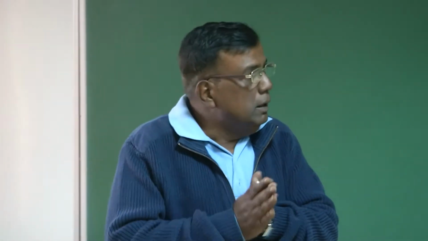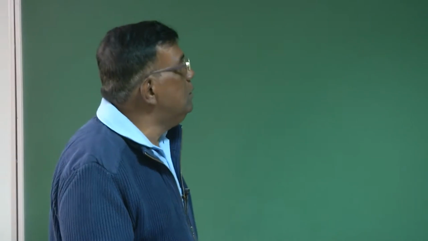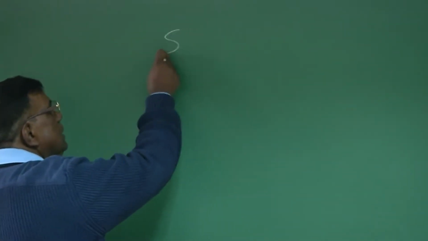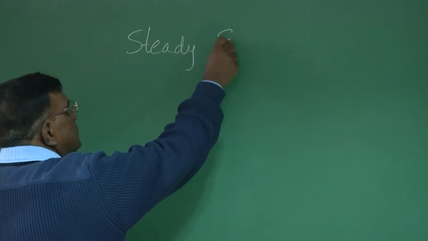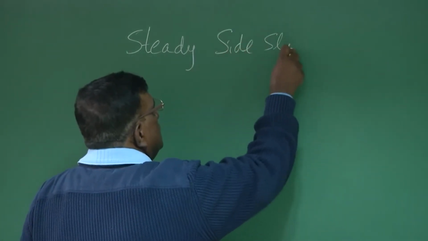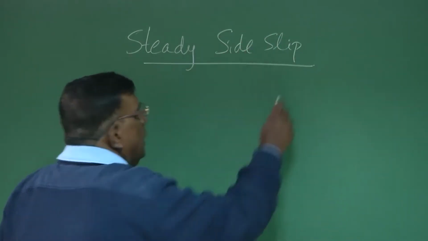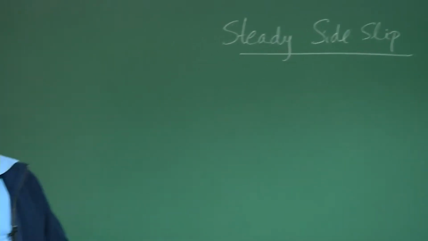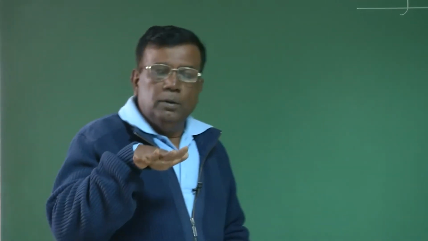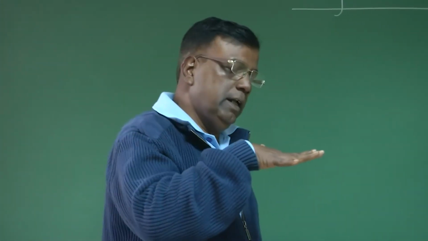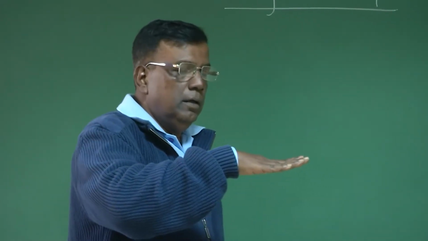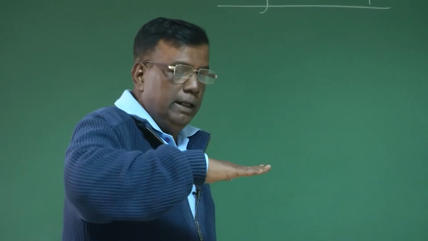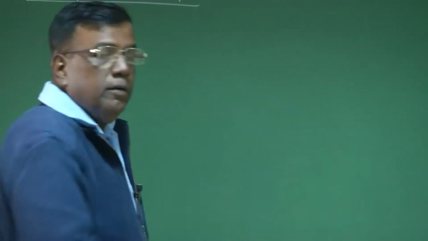Good morning. Last class, if you recall, we discussed steady side slip. How do you define a steady side slip? Suppose the airplane is moving straight like this, then the side slip angle is 0. If the airplane is instead moving like this, we have a positive side slip.